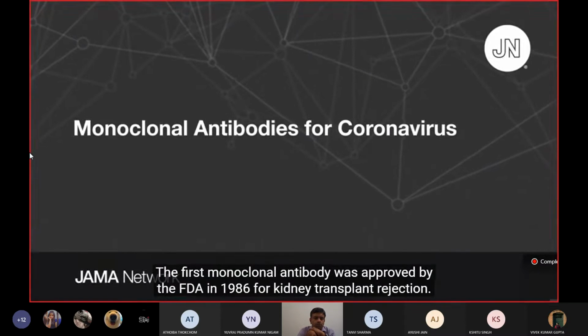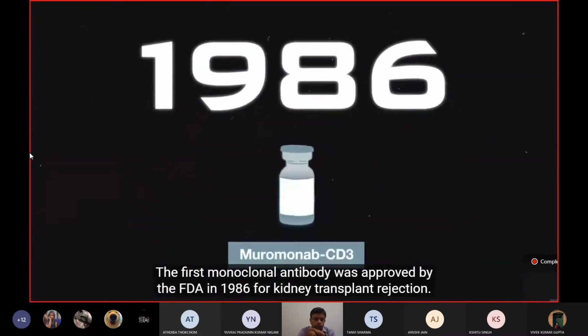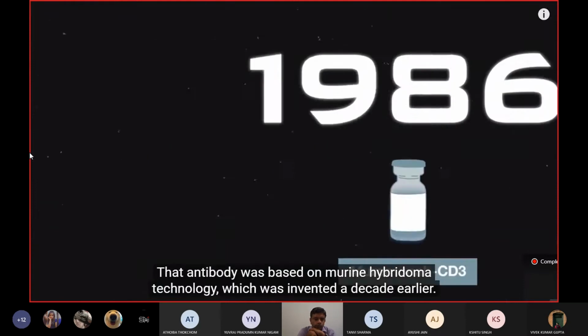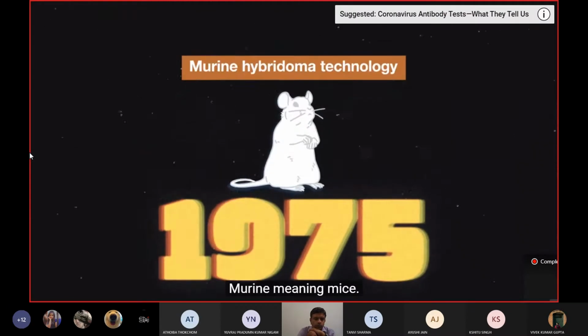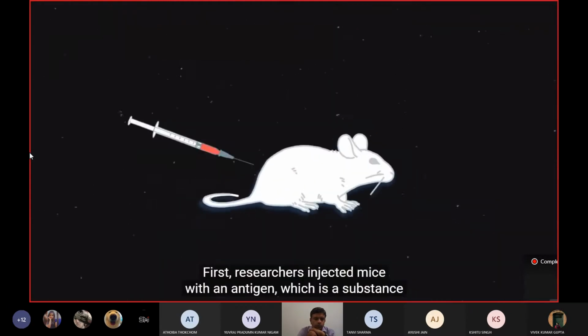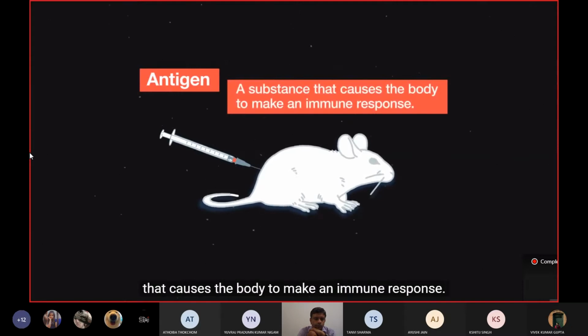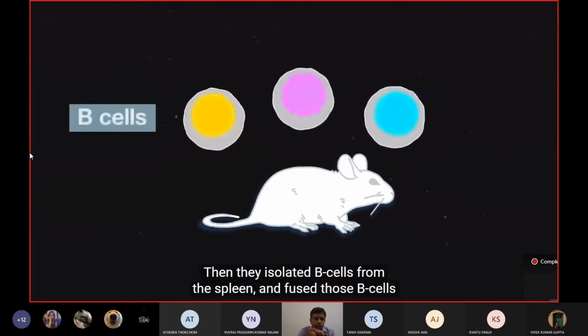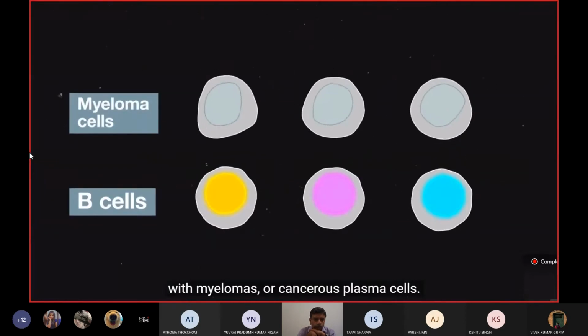The first monoclonal antibody was approved by the FDA in 1986 for kidney transplant rejection. That antibody was based on murine hybridoma technology, which was invented a decade earlier. Murine meaning mice. First, researchers injected mice with an antigen, which is a substance that causes the body to make an immune response. Then, they isolated B cells from the spleen and fused those B cells with myelomas, or cancerous plasma cells.